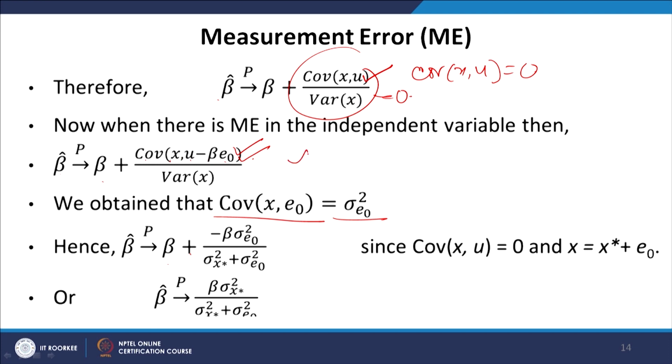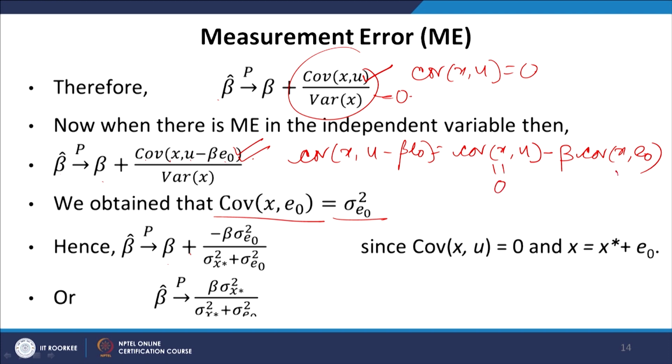We can expand the covariance between x and (u minus beta e naught) as covariance between x and u minus beta times covariance between x and e naught, right. This is 0 and this is equal to sigma squared e naught. Therefore, we have in the numerator minus beta sigma e naught squared, divided by the variance of x, which was observed to be sigma x squared plus sigma e naught squared.